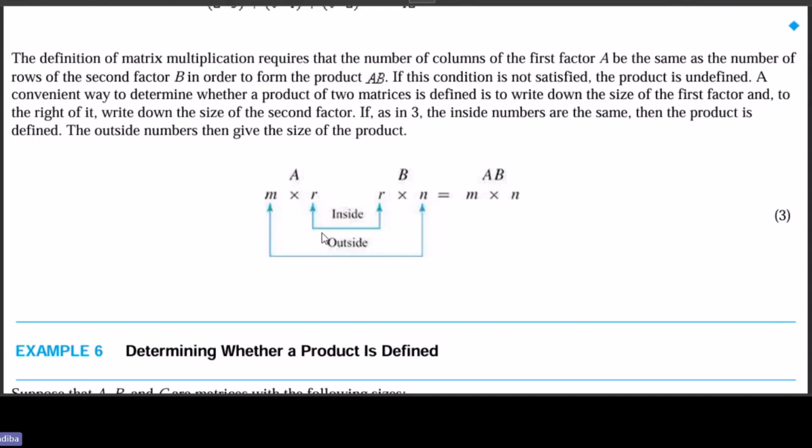To see whether we can calculate AB, the number of columns in A must be equal to the number of rows in B. Therefore, in this case, R equals R, so the multiplication between A and B can be performed. And then the size of the final matrix will be given by M and N.